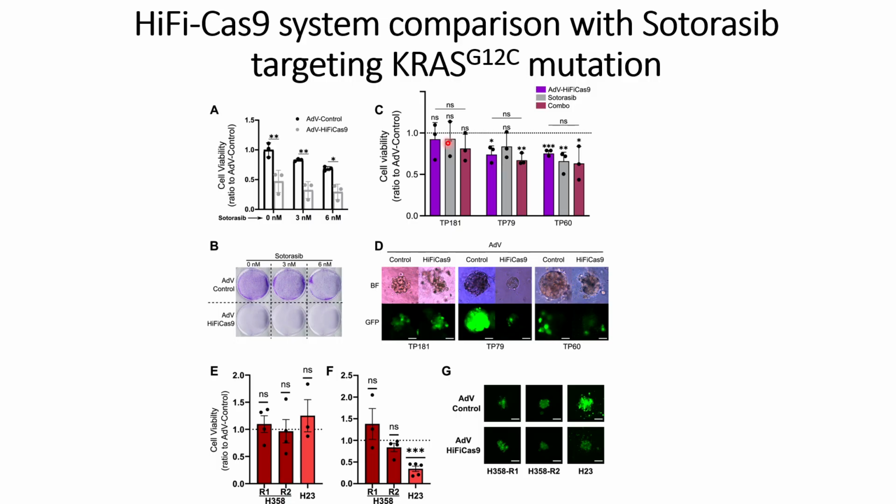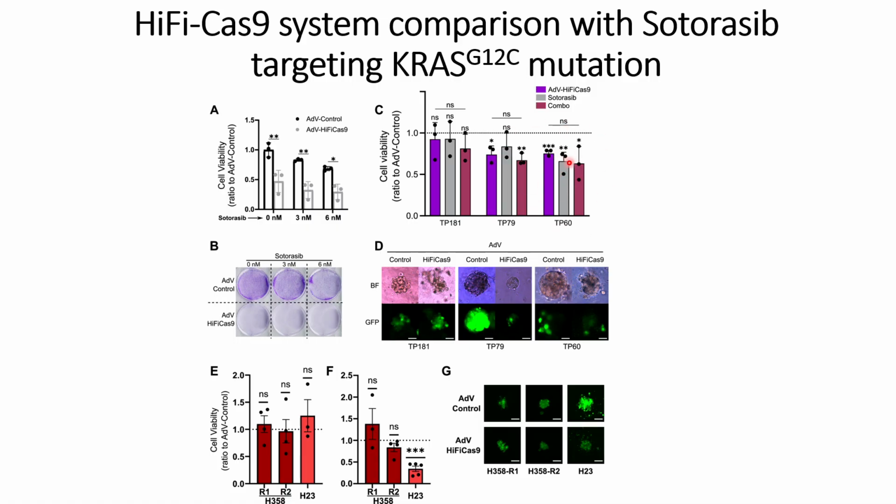For TP181 they do not see any significant difference, but for TP79 they see a significant difference with the adeno-associated virus with HiFi Cas9 system alone compared to Sotorasib. The combined case also has a statistical significance compared to Sotorasib, but it is non-significant compared to the adeno-associated virus with HiFi Cas9 system.